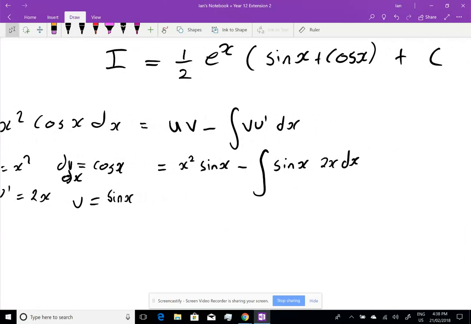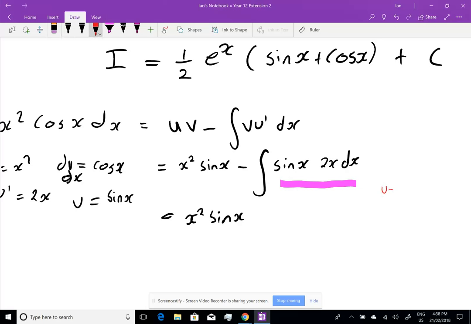Oh no, I'm going to have to do this part again. I've already done the front part, integration by parts. So I got this, that's good, I'm on my way. But over here, I'm going to do it again.